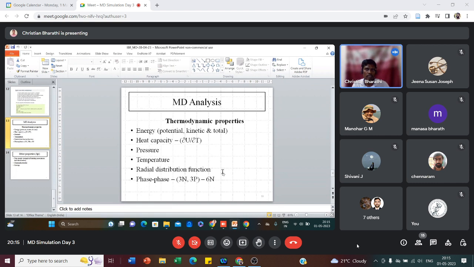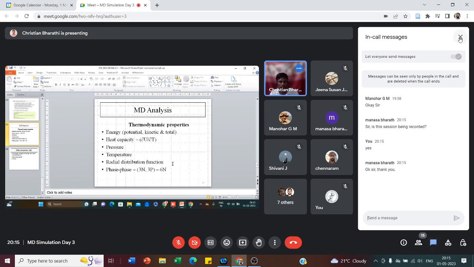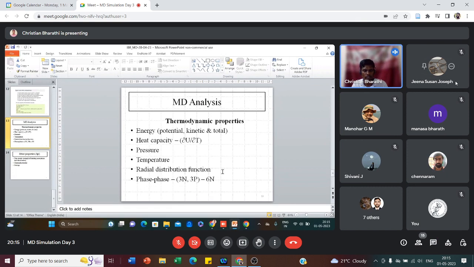If it is a loop, it fluctuates more, and alpha helix and beta sheet won't fluctuate much. But sometimes some domains are moving during MD simulation, as real domain movements are there. So the overall structural changes can be observed by RMSF, root mean square fluctuation, and radius of gyration.